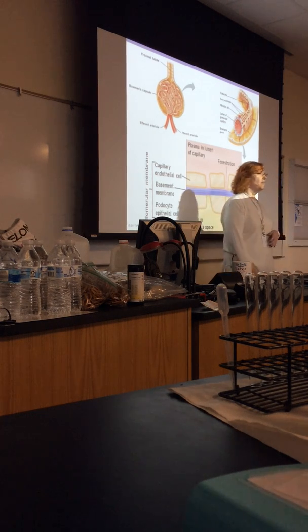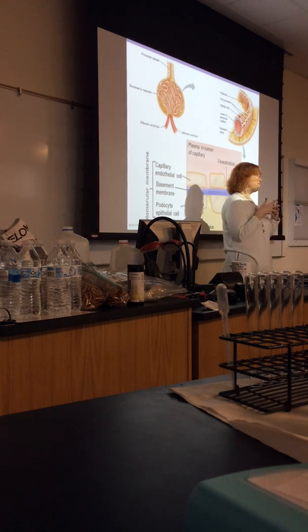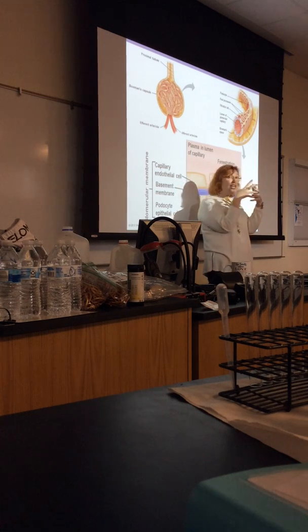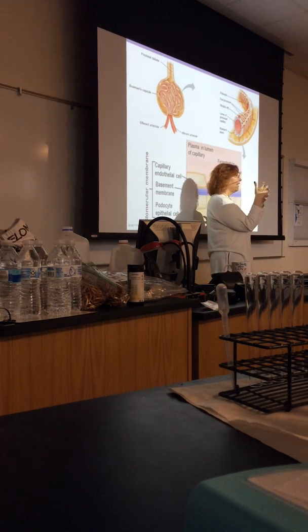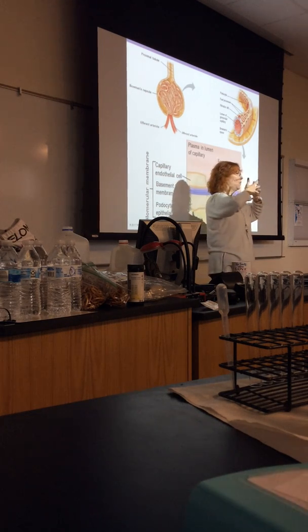I would have called them, instead of podocytes, meaning like feet, I would have called them fingerocytes. You know what I mean? Because to me they look like little fingers projecting onto, or interlacing between one another.